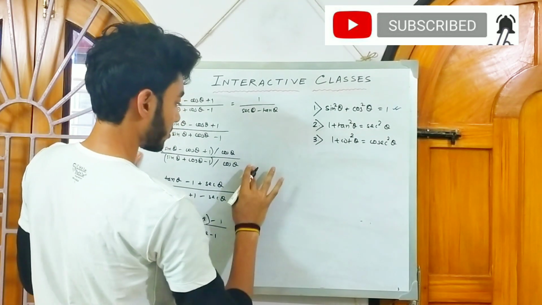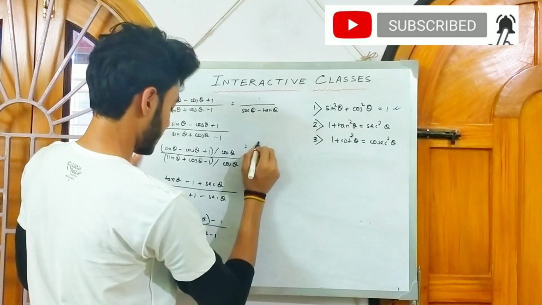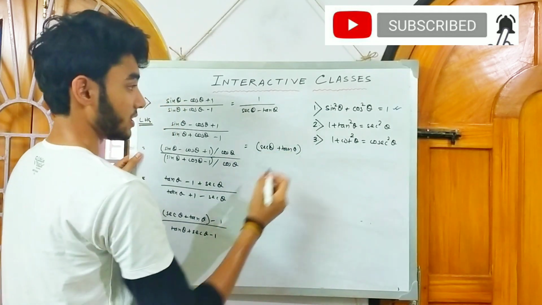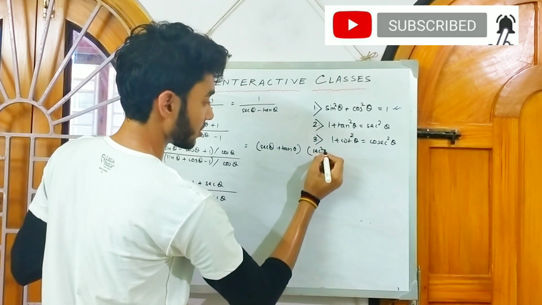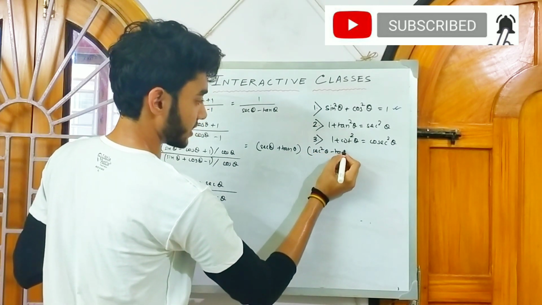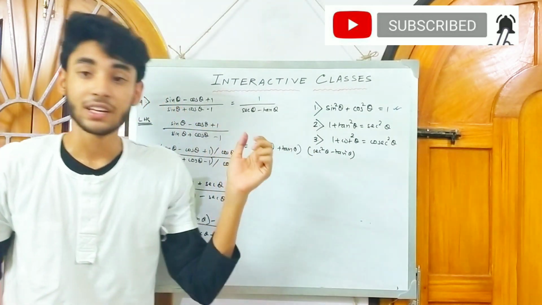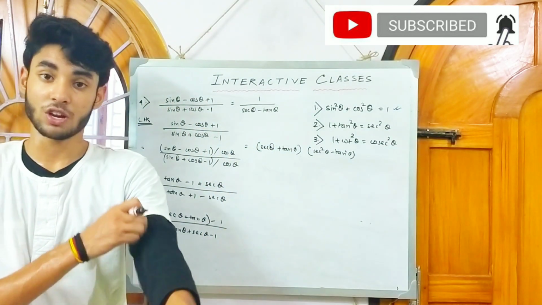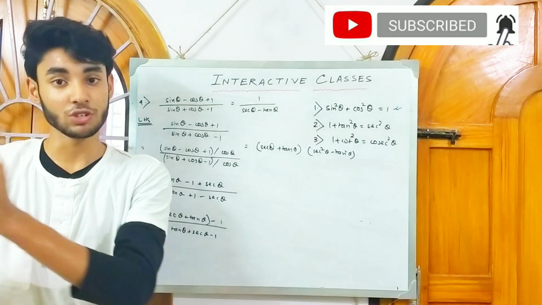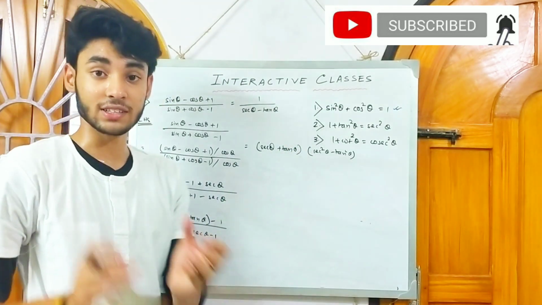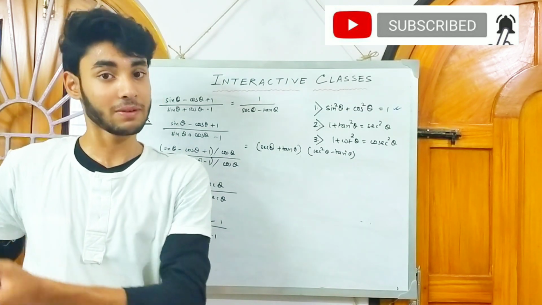So we can write it as sec theta plus tan theta minus (sec square theta minus tan square theta). Now sec square theta minus tan square theta is in a square minus b square form, so we can write it as (a minus b) into (a plus b), that is (sec theta minus tan theta) into (sec theta plus tan theta).